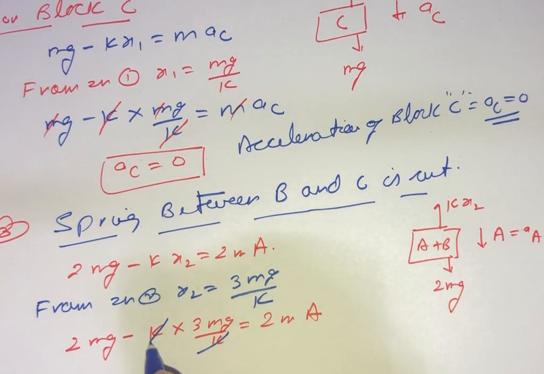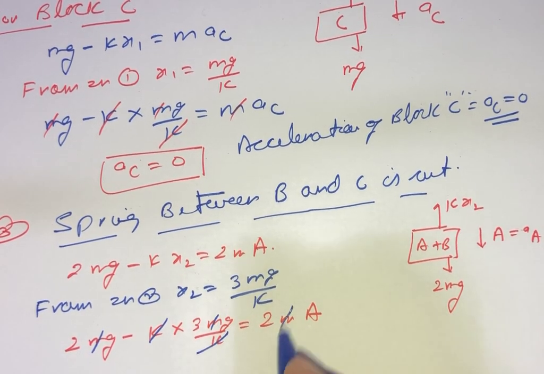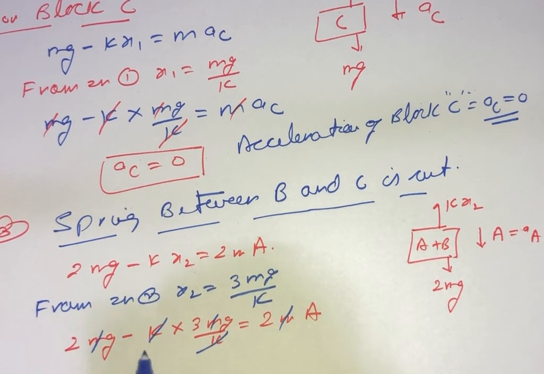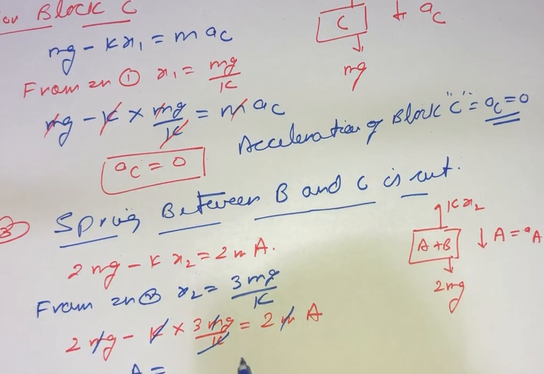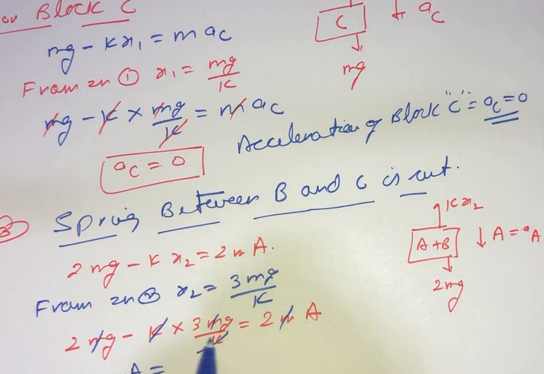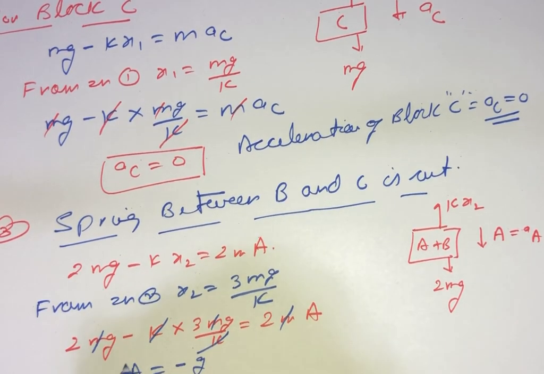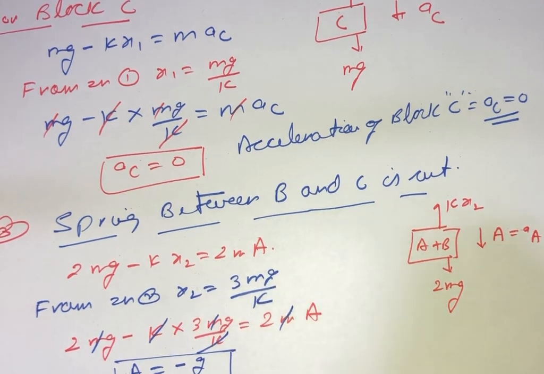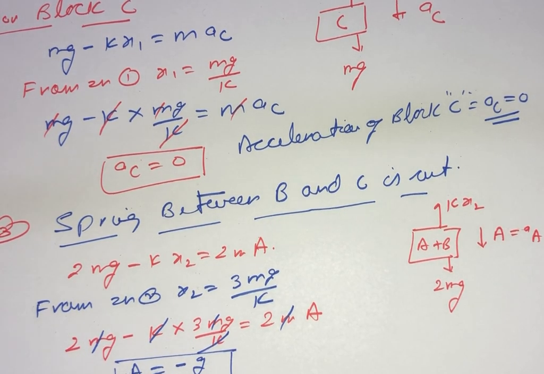We have k cancel out, mass also cancels out, and we have acceleration A is equal to minus g divided by 2.